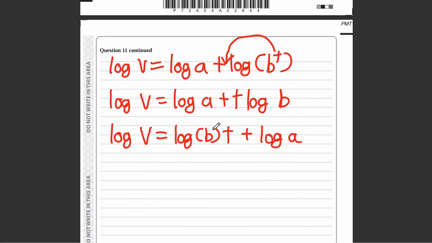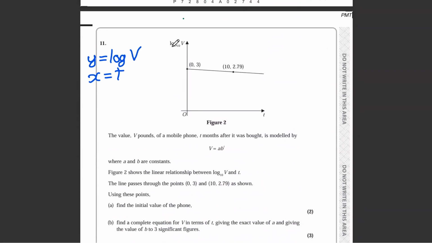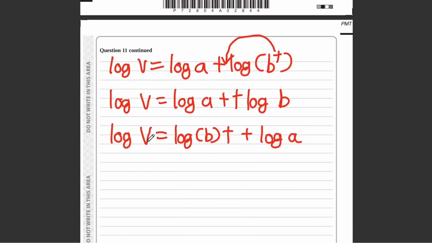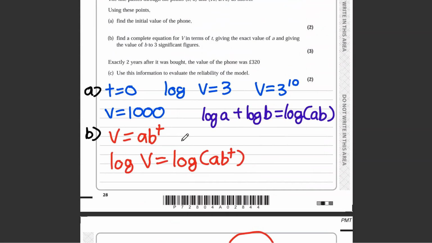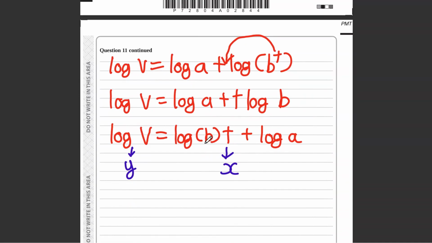And this here is a straight line. The reason that this is a straight line is, if you look up here, we have y is equal to log v and x is equal to t. So here we have log of v, which is y, and this t here is x. This log b, remember b is a constant, so log b is also going to be a constant.